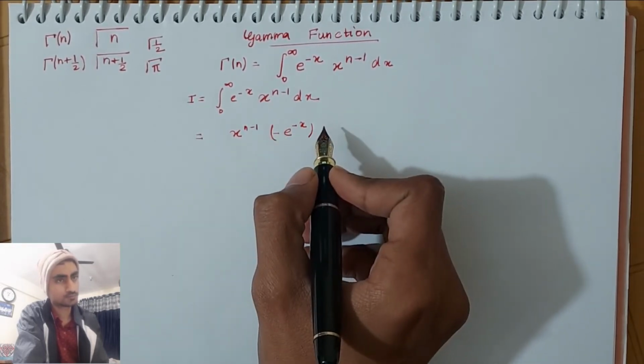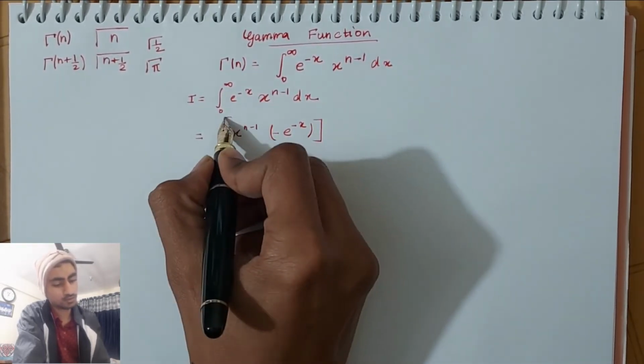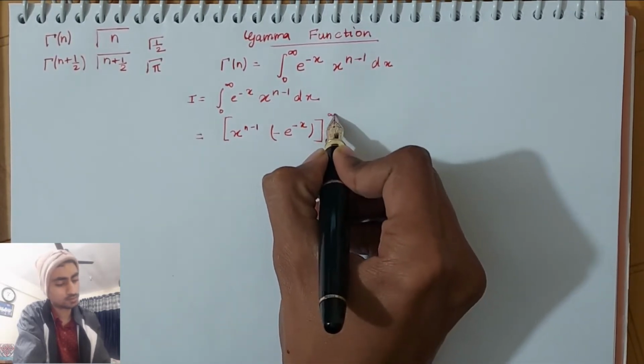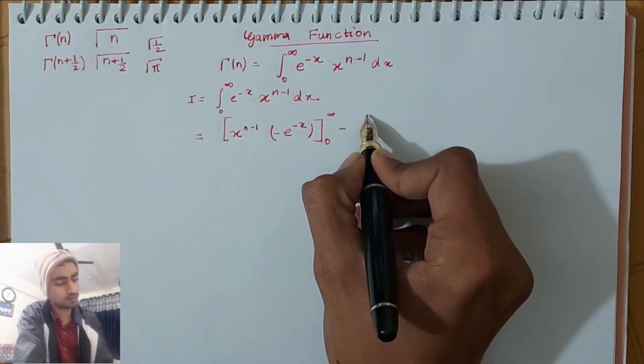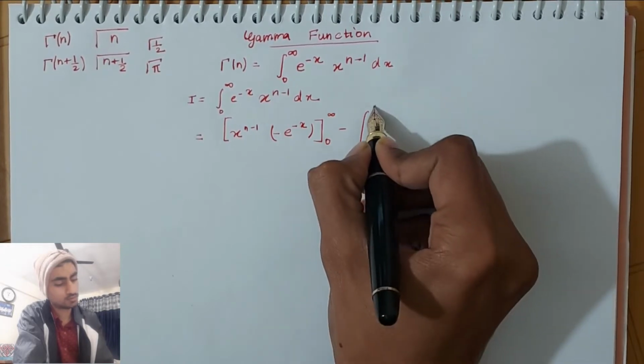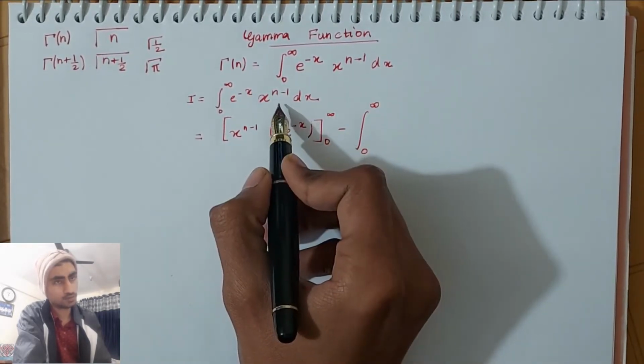Since this part of the integration is complete, we can apply the limits now and carry on with our further integration: 0 to infinity, the differentiation of the first function.